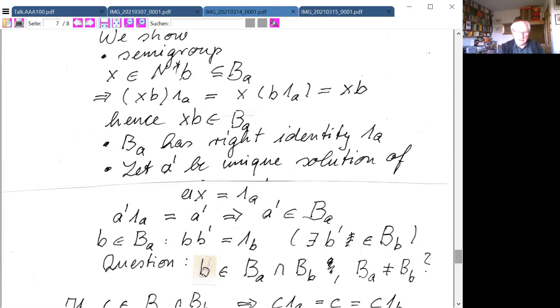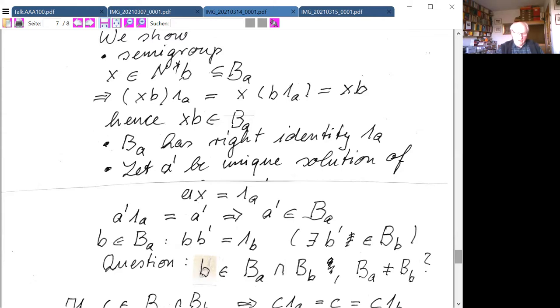B sub A has a right identity, and assume that A prime is the unique solution of AX equals 1 sub A. This is a candidate for the identity of the group to be detected.